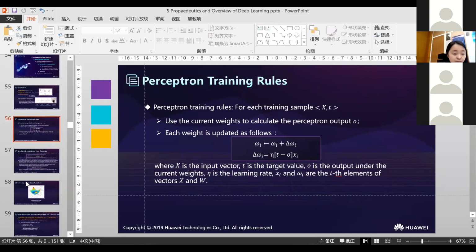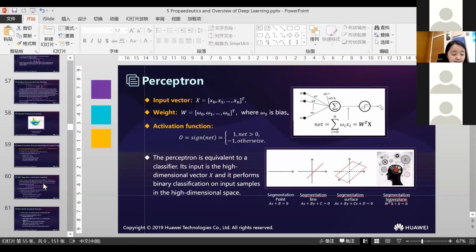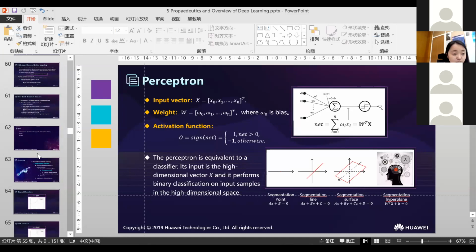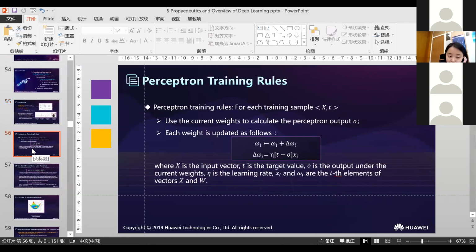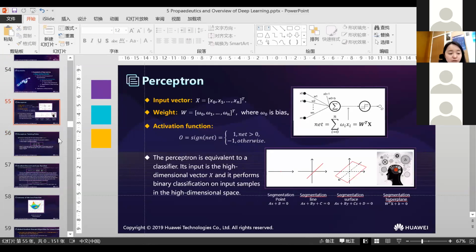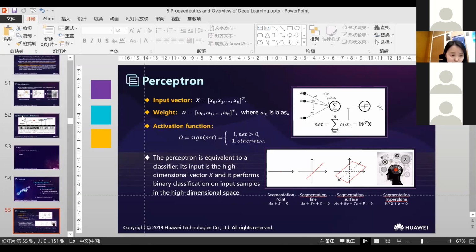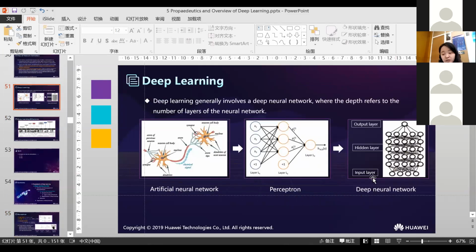That is the perceptron. Before we talk about the training rules of this perceptron, we may first have a view of how the information is transferred from the input to the output. First, we have a lot of inputs x1, x2, x3, x4.